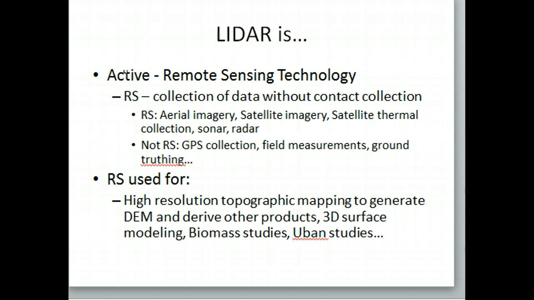When we were collecting information with our GPS units, we were not using remote sensing. We were actively on the ground next to or close to the item that we were trying to collect data from. Lidar is a way that we collect data, but instead of a passive receiver, we have an active receiver.